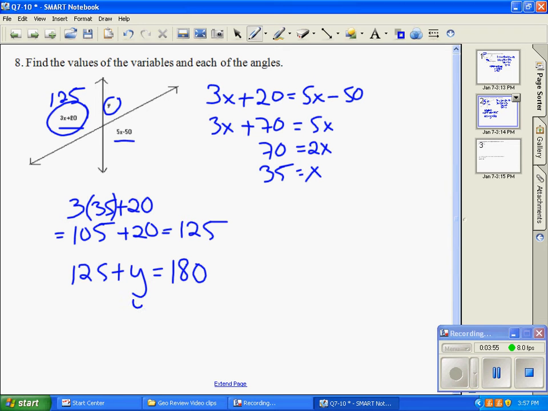Subtract 125 from both sides, and you're going to get 55 for y. So that's y and also the angle at the same time. This angle is 125 because it's vertical with the other one. And then also this, using vertical angles, will be 55.